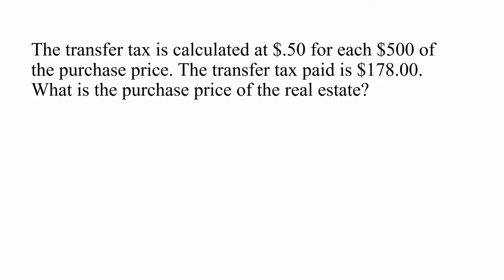The transfer tax is calculated at 50 cents for each $500 of the purchase price. The transfer tax paid is $178. What is the purchase price? Okay, we're just going to work this backwards.